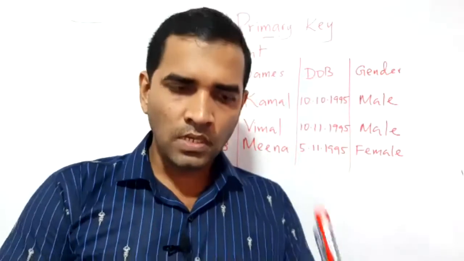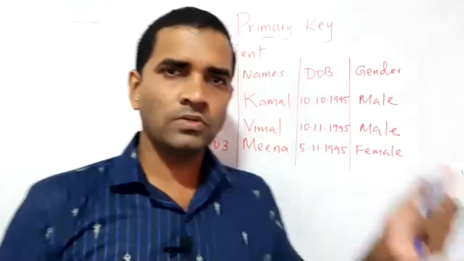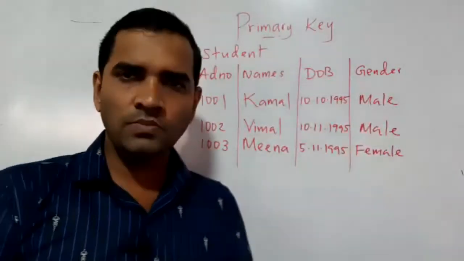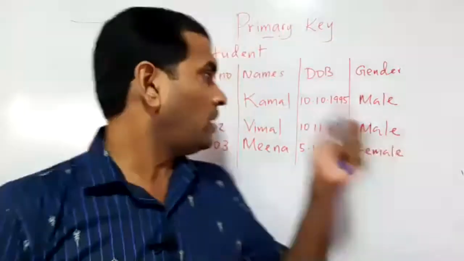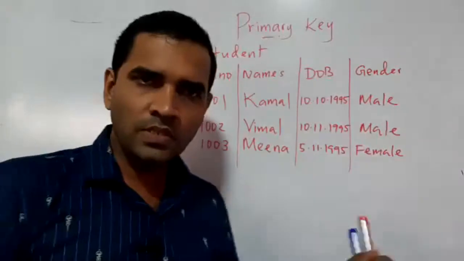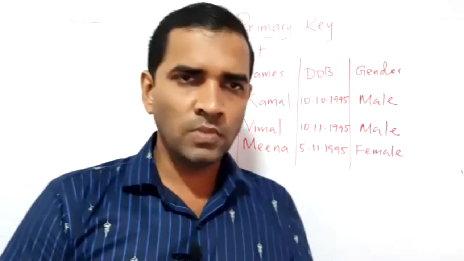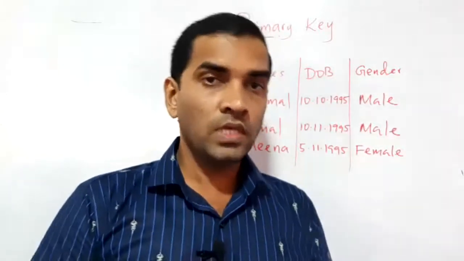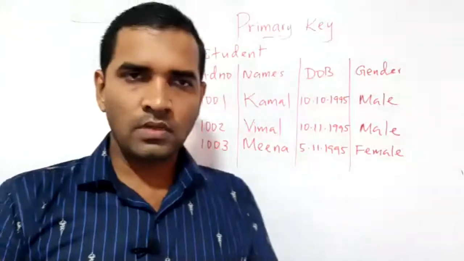Unique means it cannot be duplicated. But you can't say that the names are unique because there may be hundreds of names, as I mentioned earlier. I have taken 3 of them. So Kamal may be somewhere there. Meena may be there, because there are so many students whose name is Meena.